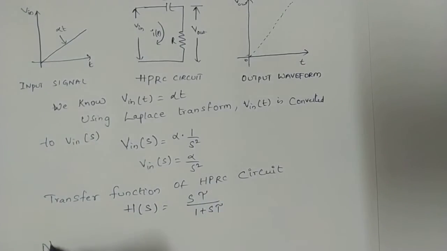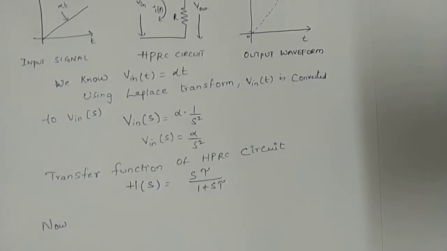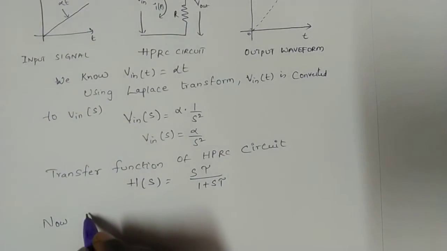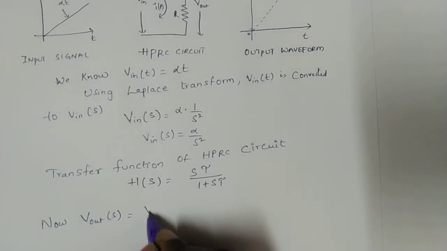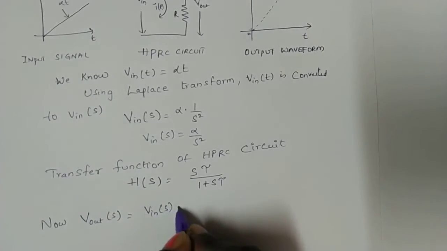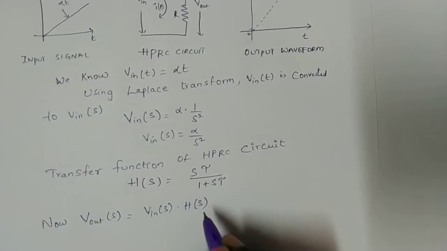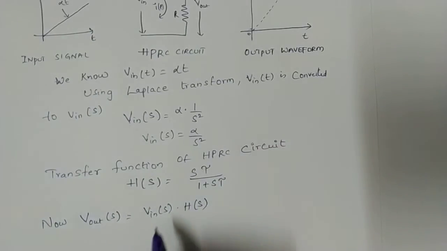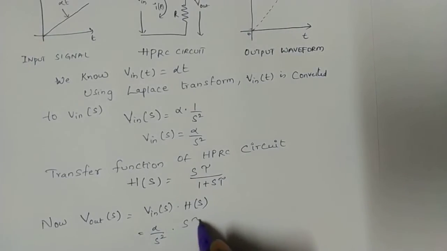Now we have to calculate the output expression. The output V out of S equals V input of S into H of S. Substituting V input of S and H of S in this formula, we get alpha by S square into S tau by 1 plus S tau.